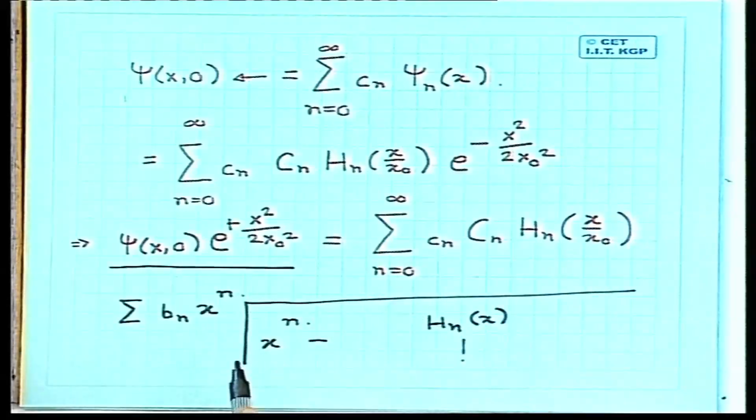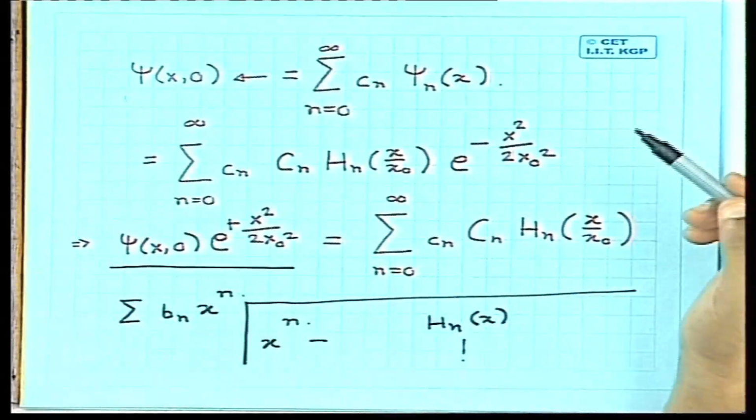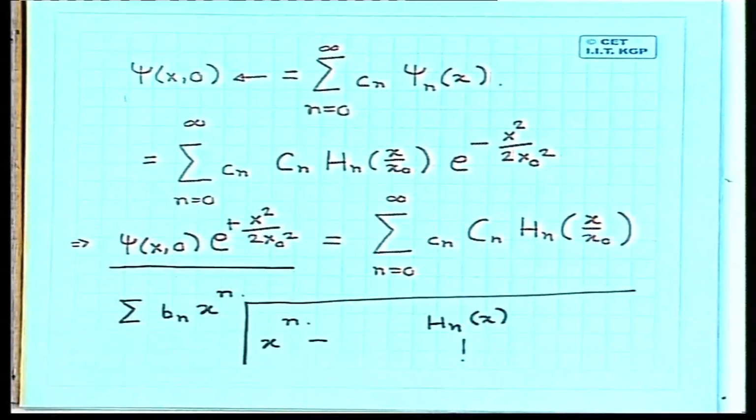So this equality holds as long as this function is analytic. Actually, I can express this equality even for a more general class of functions, but here we have shown that it at least holds if this function is analytic.